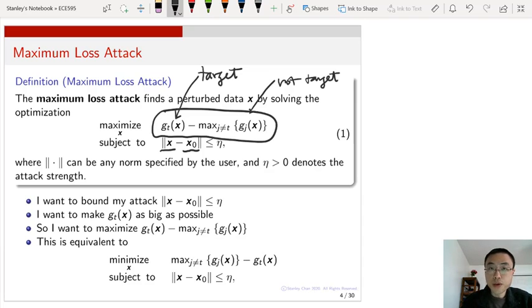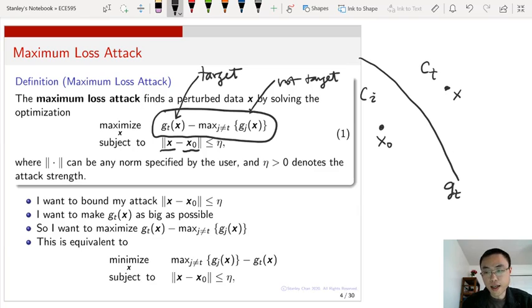If you try to recall what we have talked about before, here is our decision boundary. And then this is your data point x0. And then here is your input class ci. And then here is your target class ct. You have a discriminant function g of t here, and then you want to evaluate the value of this x that has to be sitting in the target class.